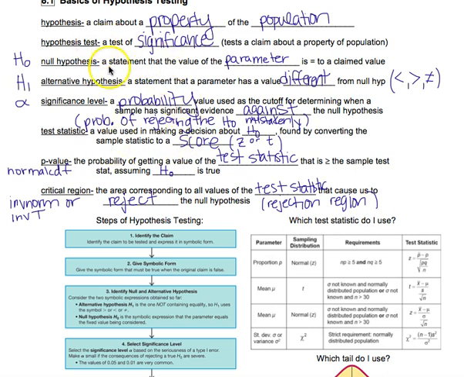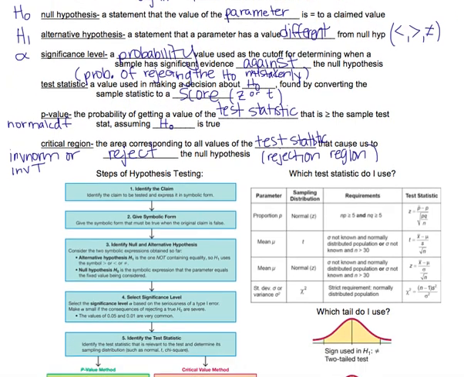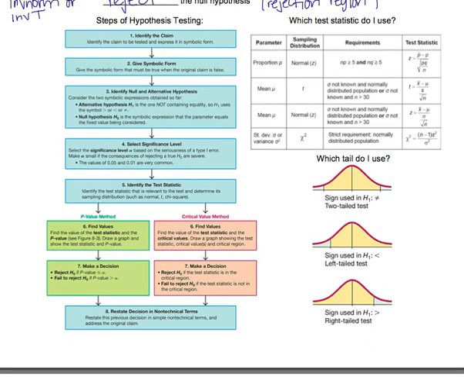So what I have here are the various steps of our hypothesis testing. For the first couple times, maybe for this entire homework, you'll probably need to look at these steps. But once we get to the next section and we're doing the same steps again, at that point you should hopefully know them.